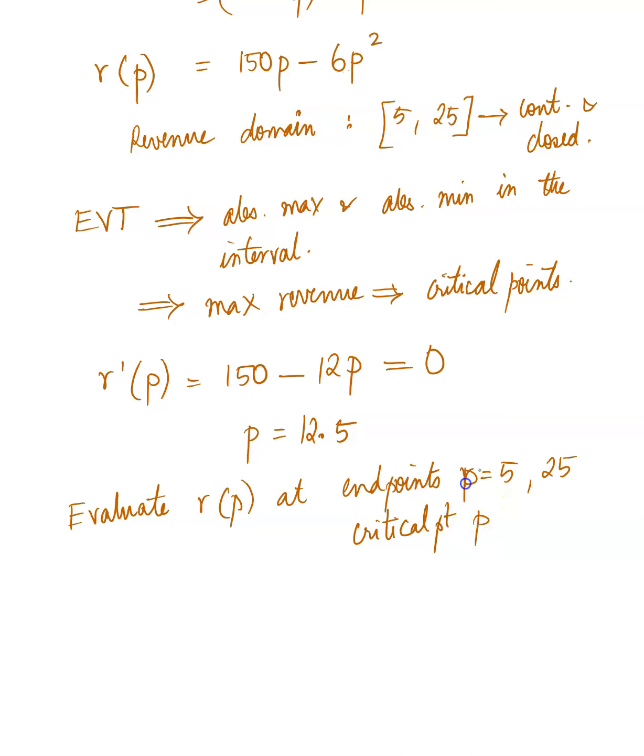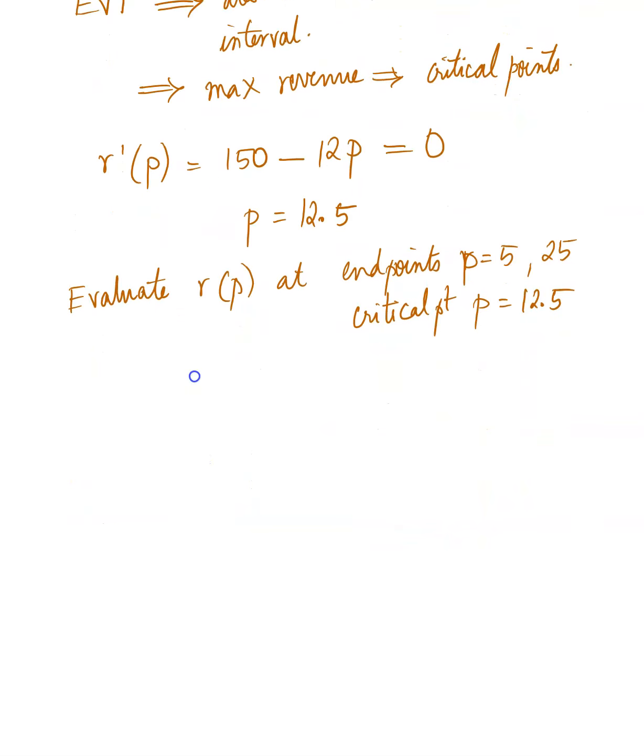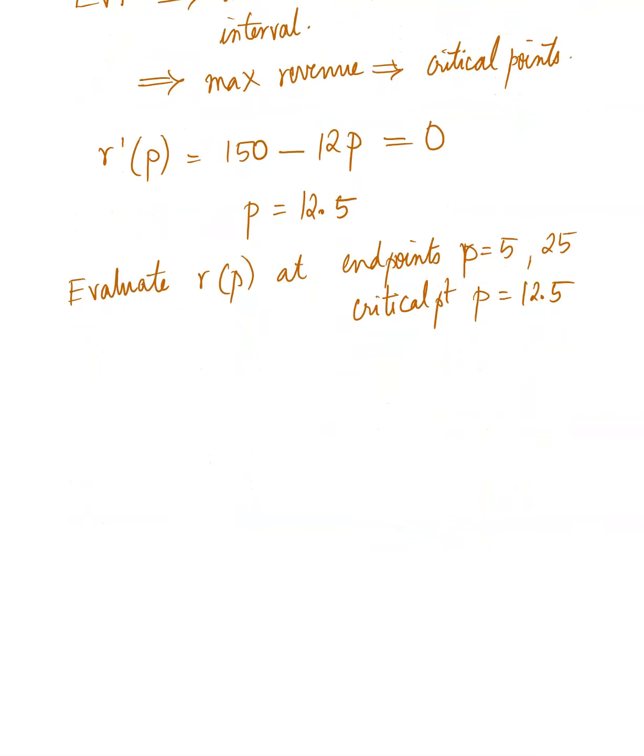I'm sorry, I said R equals, it should be P equals. P equals 5 and 25, and P equals 12.5. Okay, so then let's plug that in. R of 5, R of 25, and R of 12.5. We need to know where we get the maximum value. So plug that in your R function.